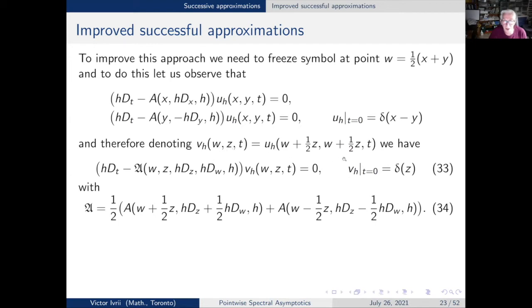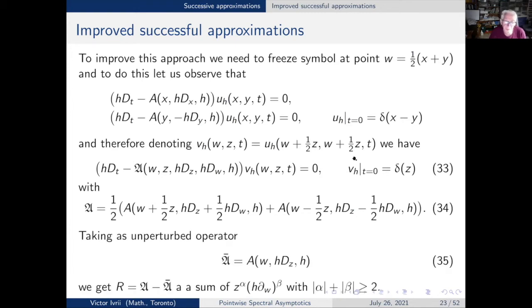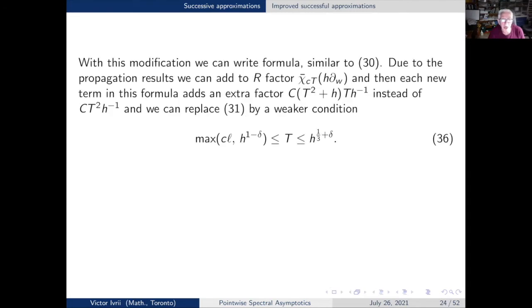introducing w and z, we write like this, then we do again exactly like the successive approximation method, but because we take symbols in the middle, instead of this factor, we gain this factor. This h does not matter, but here instead of t squared, we get t cubed. So we need this restriction.